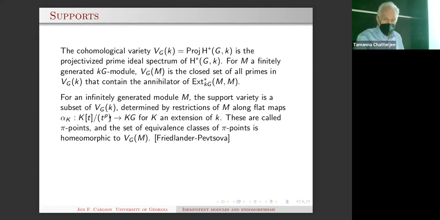And the set of equivalence classes of pi points is homeomorphic to, and here's a misprint, I'm sorry, V sub G of K. That is the actual spectrum itself.